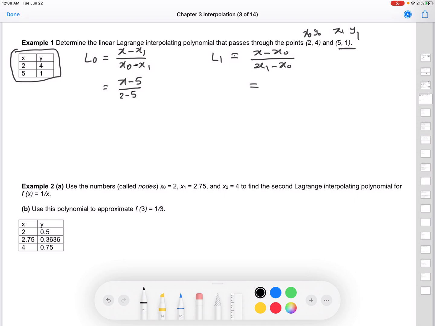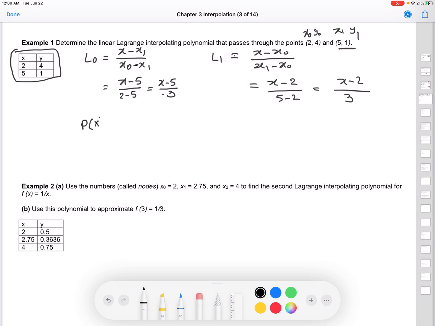And then what is this one? x minus x0, x minus 2, and then x1 minus x0, 5 minus 2. If I simplify a little bit more, that will be x minus 5 divided by 2 minus 5, which is negative 3, and then this one will be x minus 2 divided by 5 minus 2, which is positive 3. Now what is your polynomial?